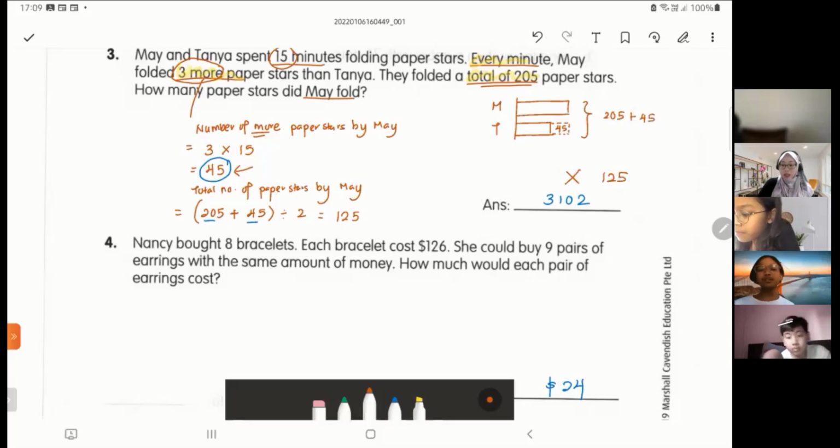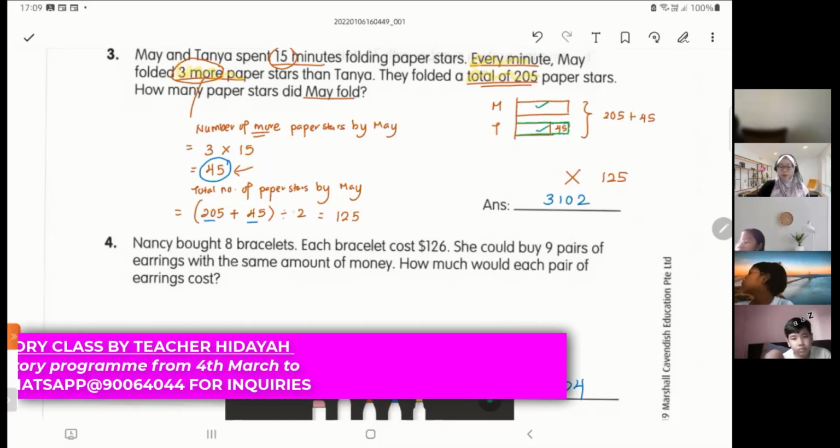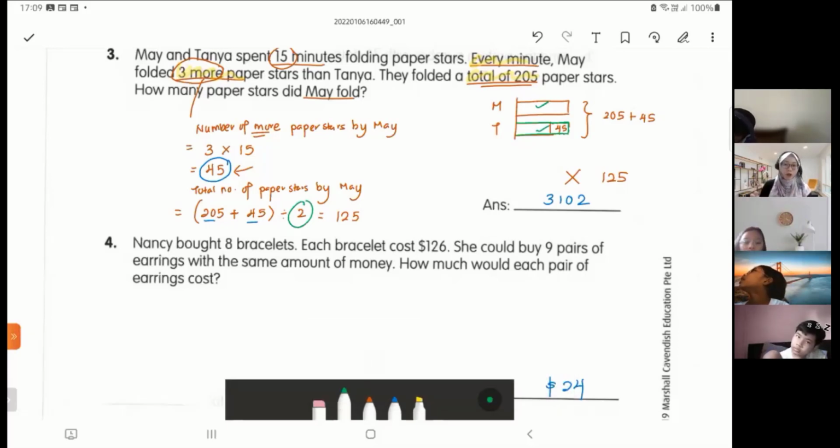Can you see? And then when I divide by 2, because eventually after I add in the 45, both models will be the same size. This and this same size. That's why I must divide it by 2. Answer is 125. Understand? This is actually a comparison model, but I just do it without the model. You see whether you all can understand without the model. But if you cannot, then the model is at the side there.